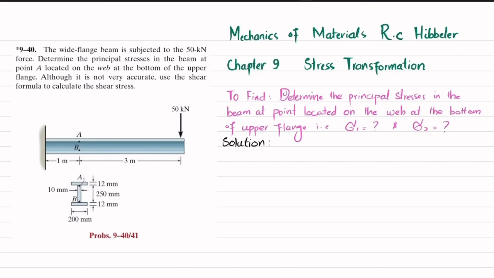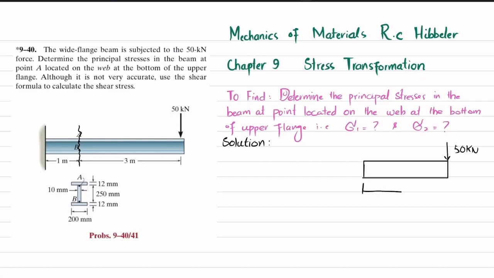First step is that we first find the state of stress at point A. For that, if I cut this beam at point A and draw the free body diagram, this is the beam. This is the point where the point load of 50 kilonewton acts.